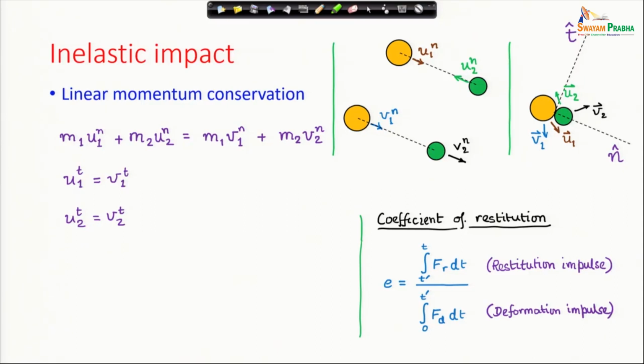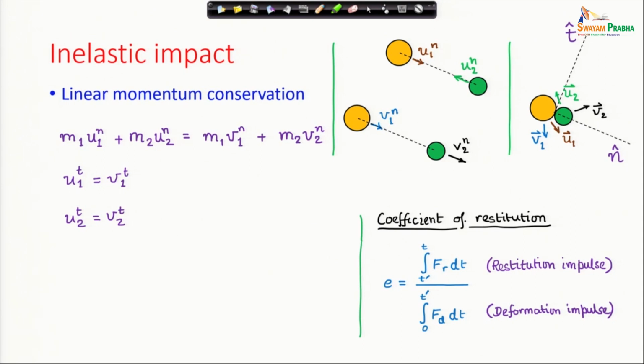Now, what are these processes? Imagine 2 particles which are coming in and impacting. Once they start that impact and they are deforming, coming closer and closer, that is called the deformation process.